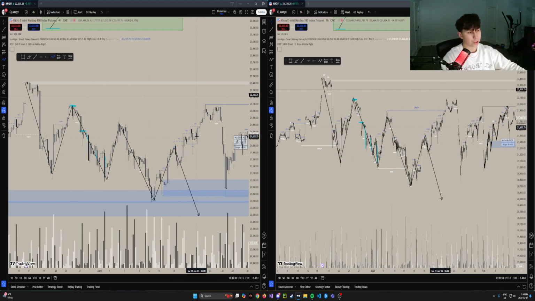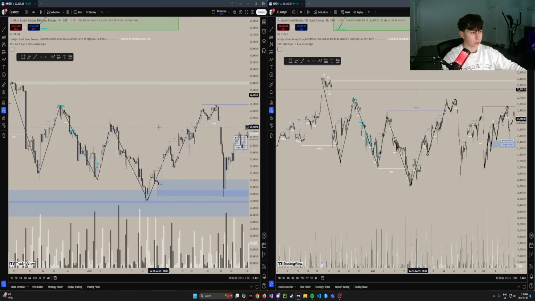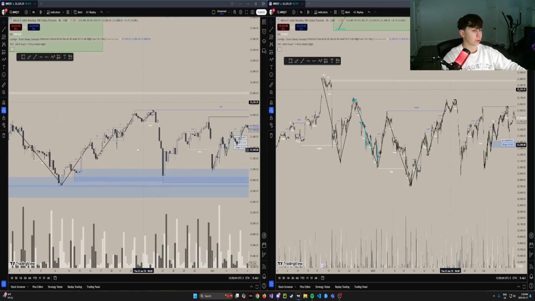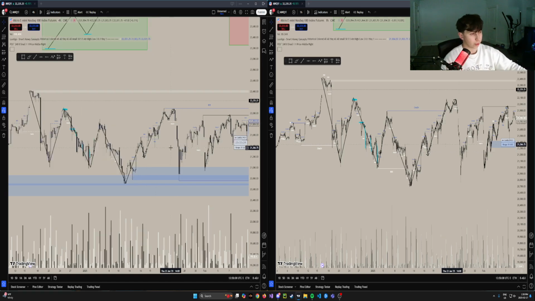So instead of actually making a further move down, people really decided this was a good price to buy, and we actually broke structure in this area, and we started to move up into bullish structure. So that would be something considered a break of structure, and you could use this to your advantage in your trading to determine which way the market is moving.